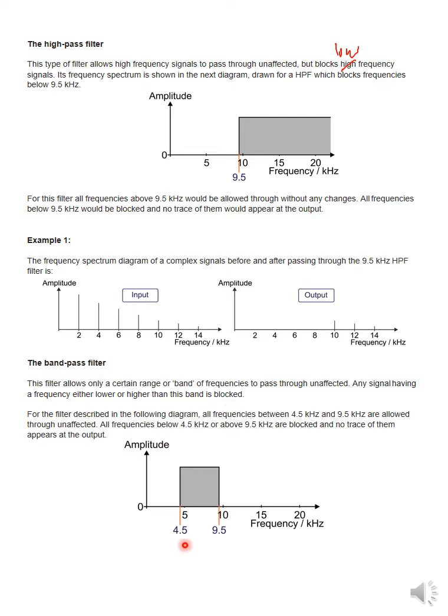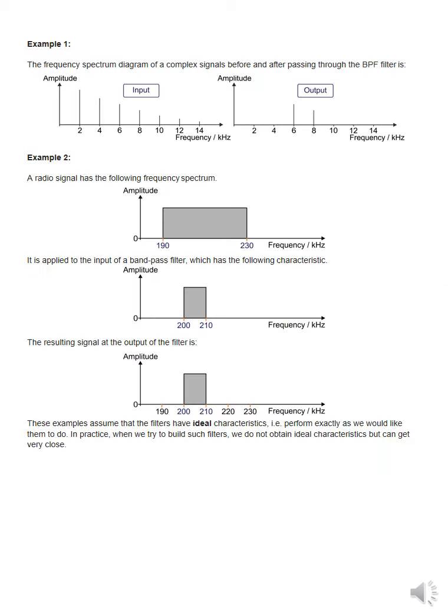This filter allows only a certain range or band of frequencies to pass through unaffected. Any signal having a frequency either lower or higher than this band is blocked. For the filter described, the band is from 4.5 to 9.5 kilohertz. So all frequencies between 4.5 kilohertz and 9.5 kilohertz are allowed through.